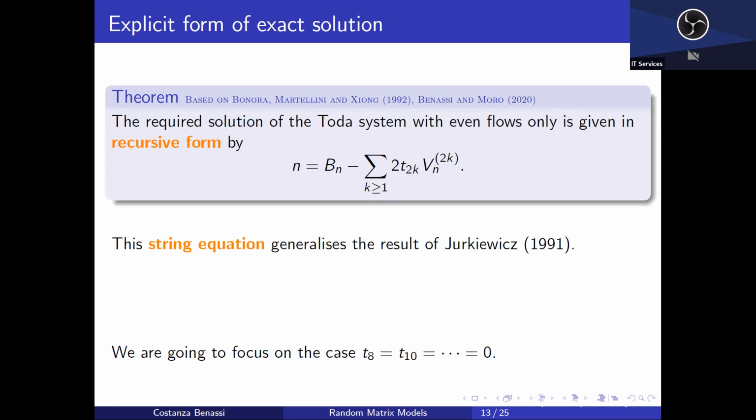Of course, this is in recursive form, implicitly given, because these V's, as I mentioned before, are certain specific combinations of the B's. So you have B here and B is here, and all this is going to give you a big recursive equation, but still it's an explicit solution. And this is actually a generalization of the string equation result by Jurkiewicz in 1991.